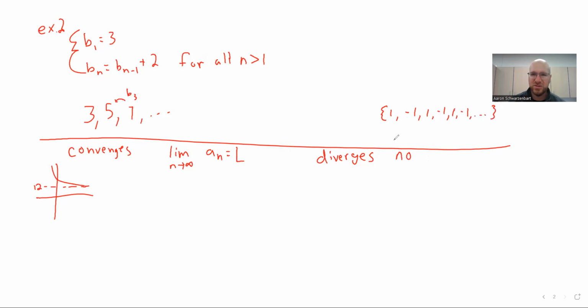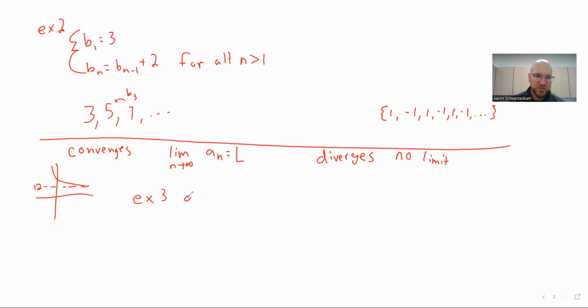There's no single number it's getting close to. If it has 2 limits, it does not converge. It really means there's no limit.